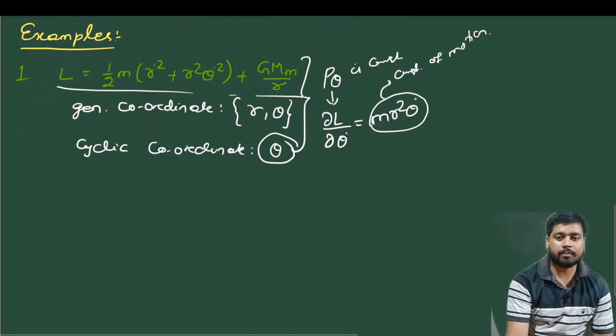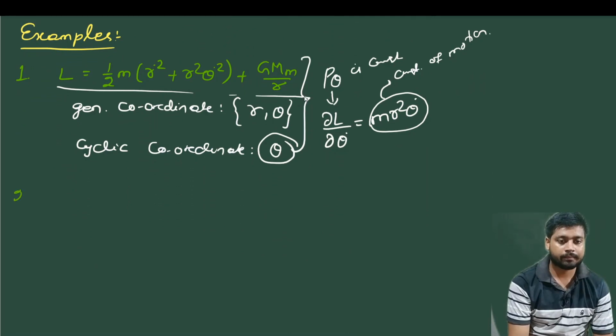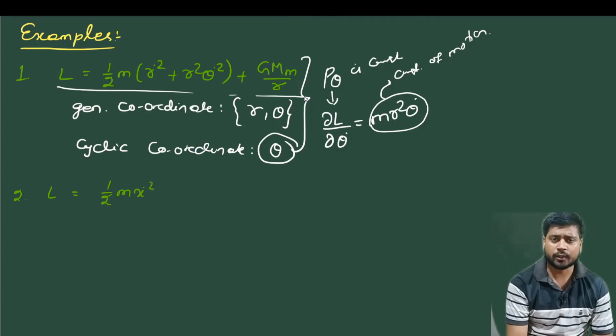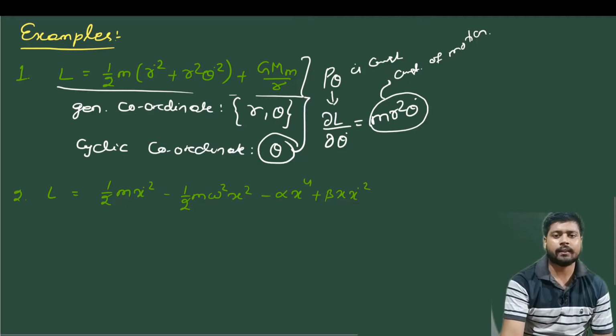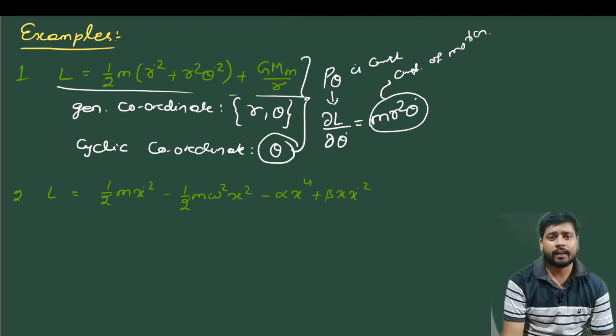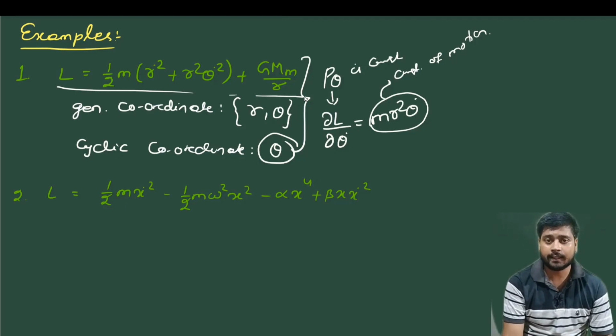Then let us take the second example. Our second example is the Lagrangian equal to half m x dot square minus half m omega square x square minus alpha x power 4 plus beta x dot square. Okay, this is the Lagrangian. Then how can we find the cyclic coordinate? Before finding the cyclic coordinate, first we have to find the generalized coordinate here.